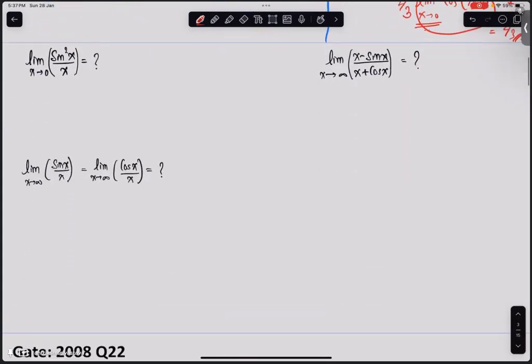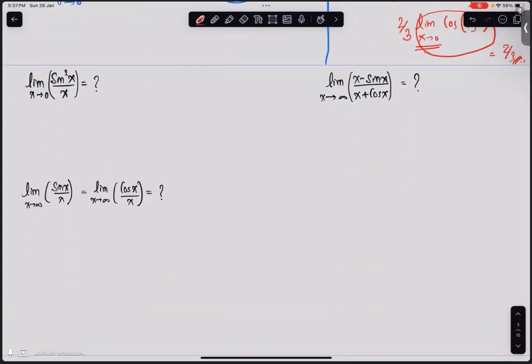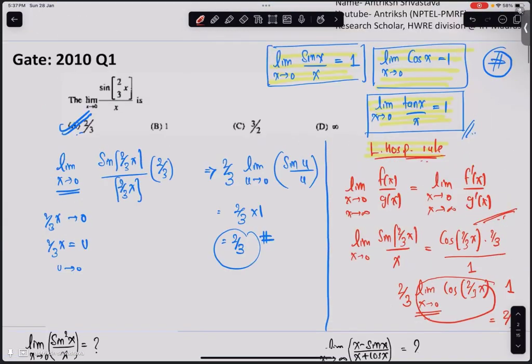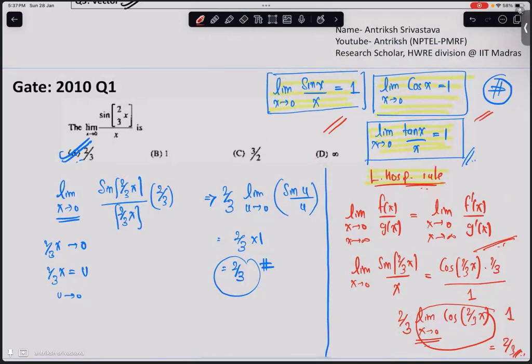So here what I will ask you to do is to use certain concepts that we have seen here and solve these questions. Before we go there, let me also add some more things like this. When x tends to infinity, what happens to sine x by x when x tends to infinity?